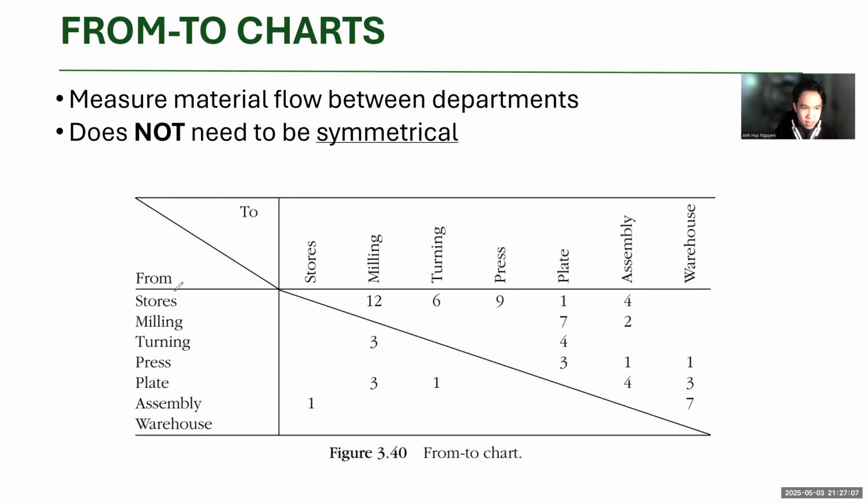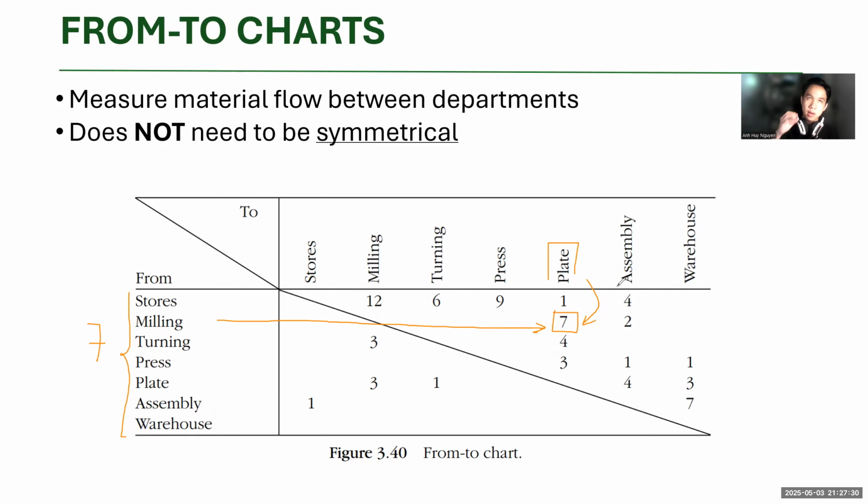As you can see, for example, here we have 7 departments. Let's pick a random number. So what does this number 7 mean? It means that the material flow from the milling department to the plate department is 7.